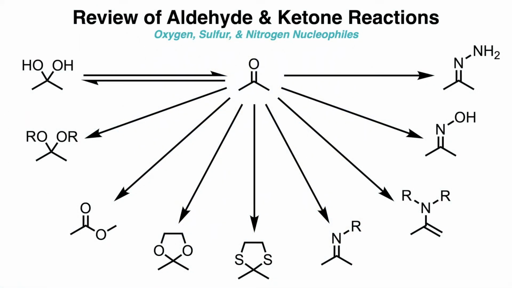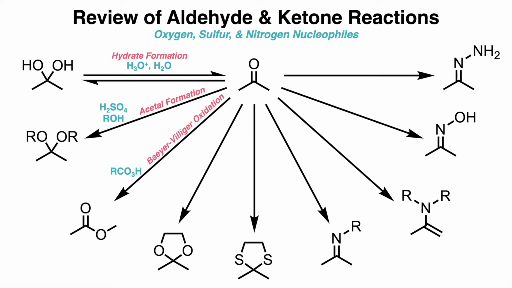So to summarize all of the aldehyde and ketone reactions that we have learned so far, here is an interconversion map of functional groups starting with either a ketone or aldehyde. Hydrate formation with H3O+ in water could occur to form a hydrate or geminal diol. Acetal formation with H2SO4 and an alcohol could occur to form first a hemiacetal and then an acetal group.